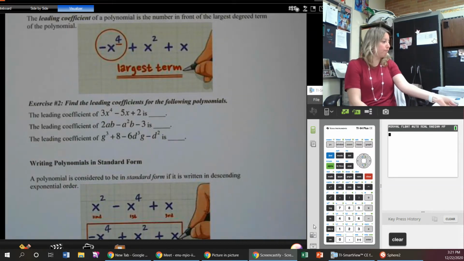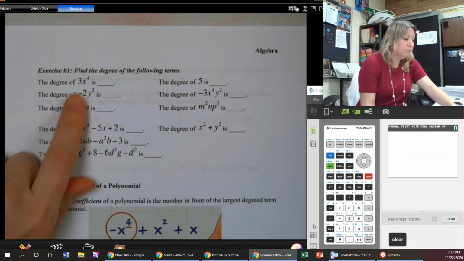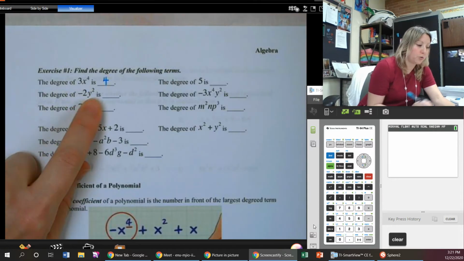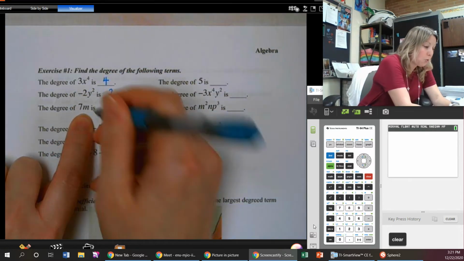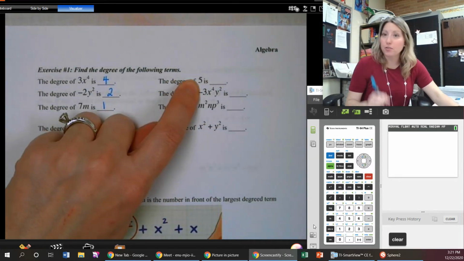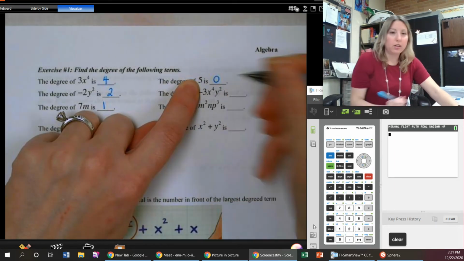Okay, so let's do some. The degree of this is 4. The degree of this is 2. It's the exponent present, right? The degree of this is 1. The exponent present is 1. The degree of 5, where there is no variable present, is 0.